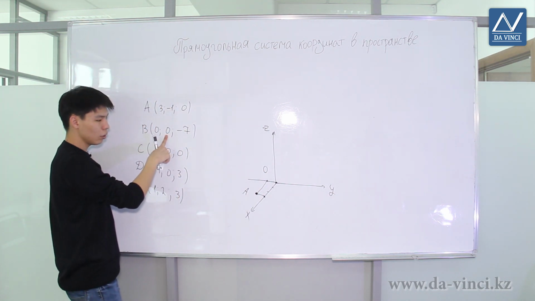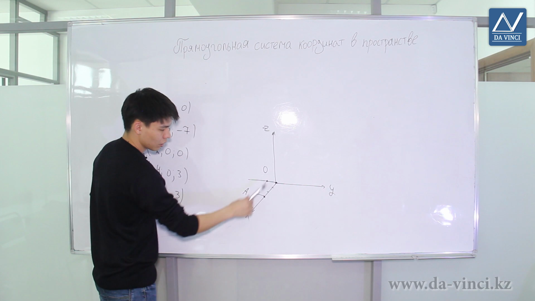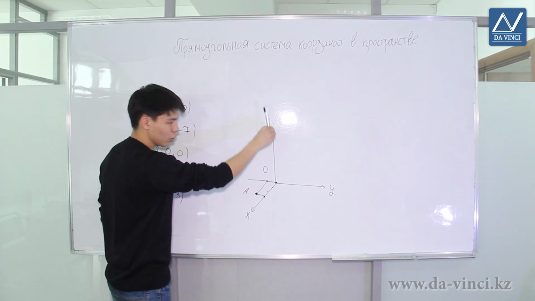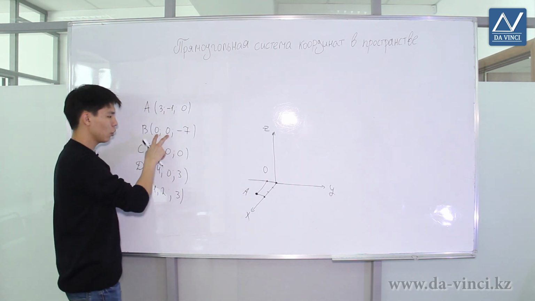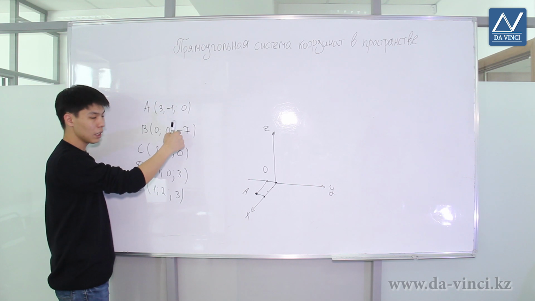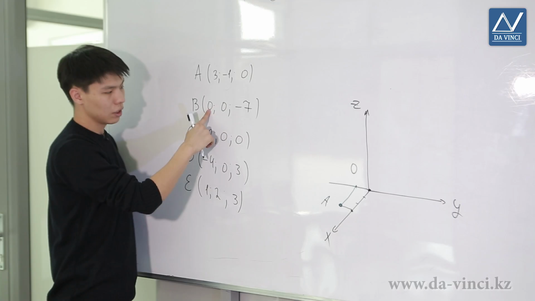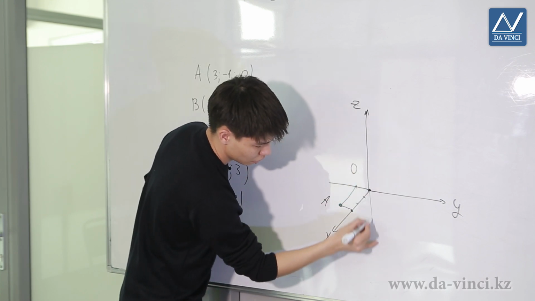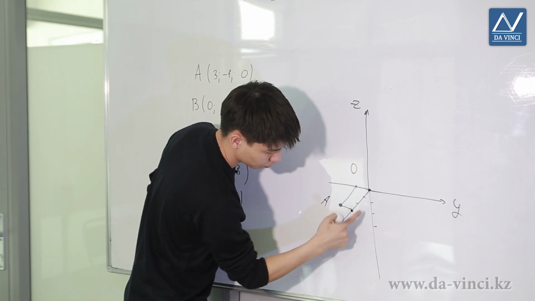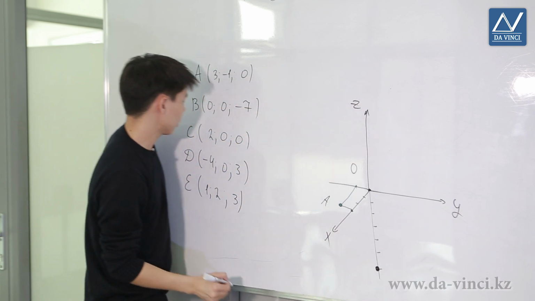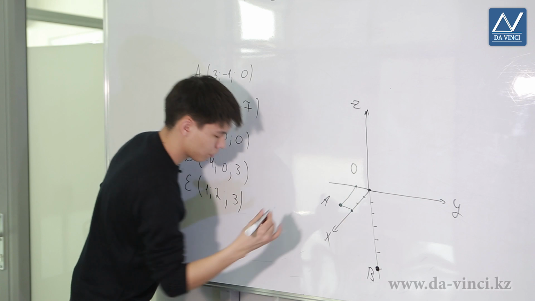If y-coordinate is 0, then it lies in the plane OXZ. Thus it lies at the intersection of these two planes, that is, on the OZ axis. That is, if two coordinates of a point are 0, then it will lie on the third axis. In our case, it lies on the z-axis, at the point minus 7. That is, it is below point O by 7. 1, 2, 3, 4. It is somewhere around here. This is the point B.